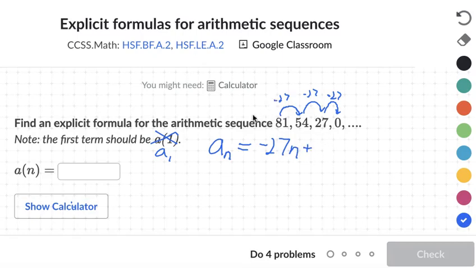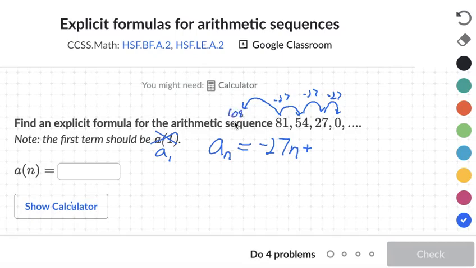We can imagine what the term right before 81 would be. We have some number, minus 27 equals 81. So we could work backwards and add 27 to 81 to figure out what would go here. So 81 plus 27, that would be 108.